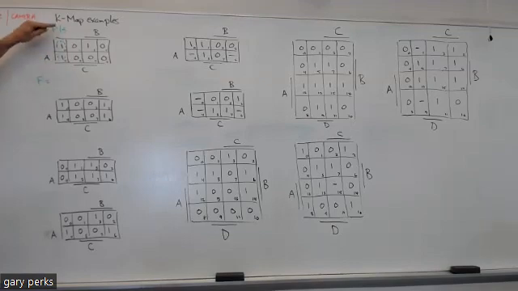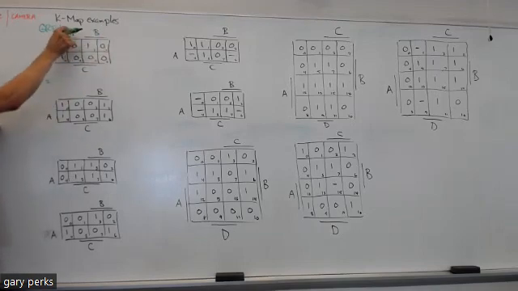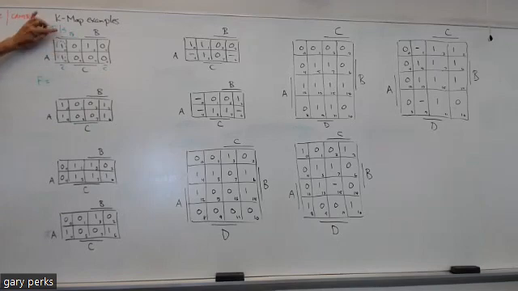Is that the only one? And not B, right? See how this 2 grouping, because remember, these 2 columns are B, so these 2 columns are not B. And then this is not C, this is not C. So this 2 grouping, not B and not C are common.